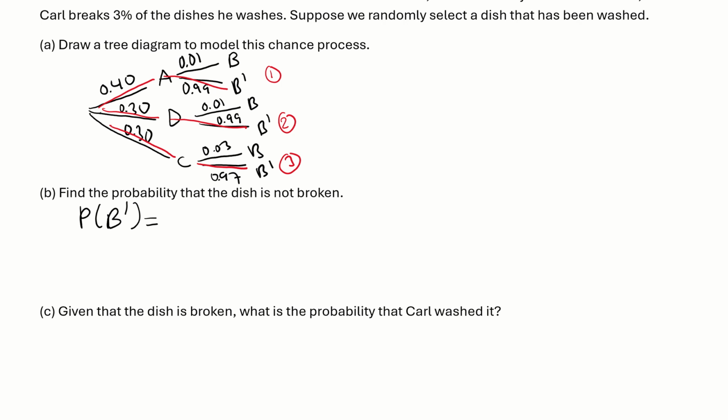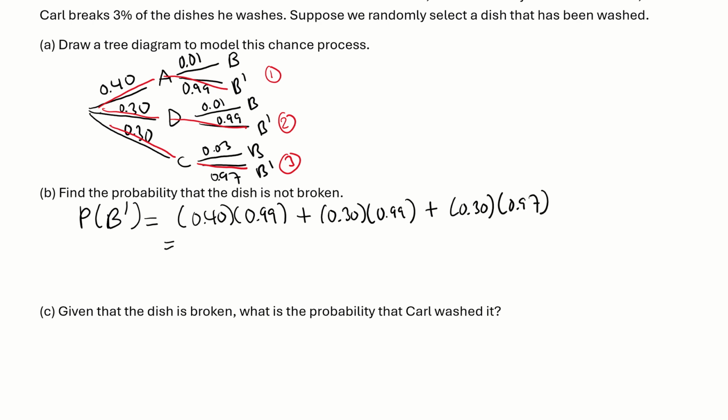Remember, as we travel each pathway, we multiply the probabilities along the way. So for that pathway, we multiply those two probabilities and so on. Then we combine them, okay? So for the first pathway, we got 0.40 times 0.99. Pathway number 2 is 0.30 times 0.99. And then pathway number 3 is 0.30 times 0.97. And we just combine them.